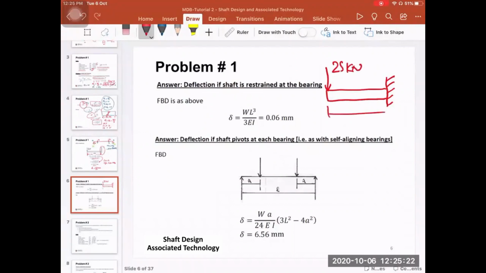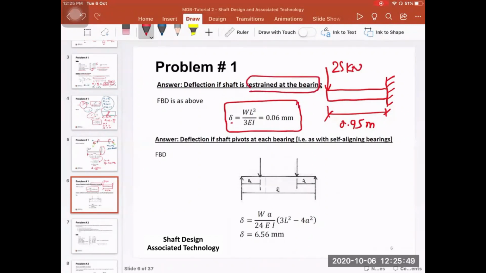Then we have this distance here as the length of this cantilever beam, which is 0.95 meter. So you can use this equation that can be found in the deflection of beams table to calculate the maximum deflection in this case. So in the case of the shaft is restrained at the bearings, okay?